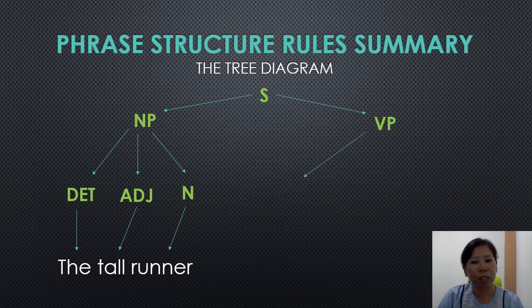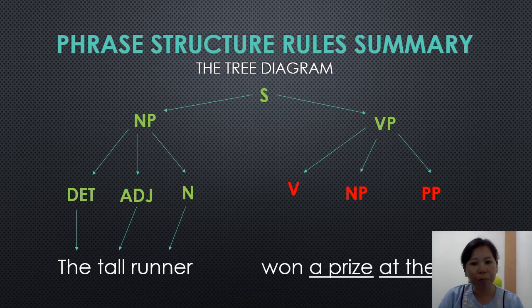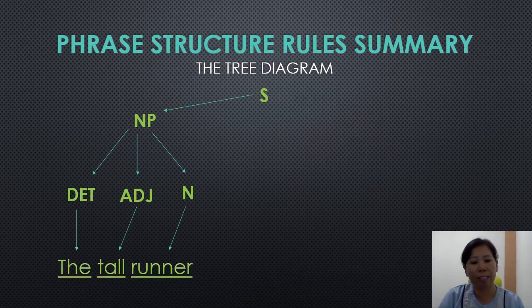For the verb phrase, we can see here that the verb phrase in this sentence contains the verb, the noun phrase, and the prepositional phrase. The verb is won, the noun phrase is a prize, and the prepositional phrase is at the race.